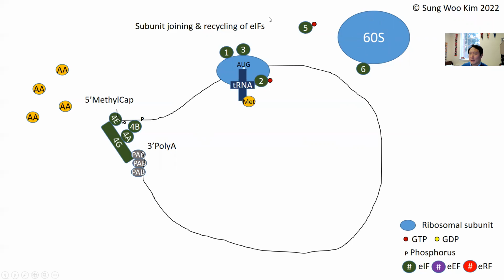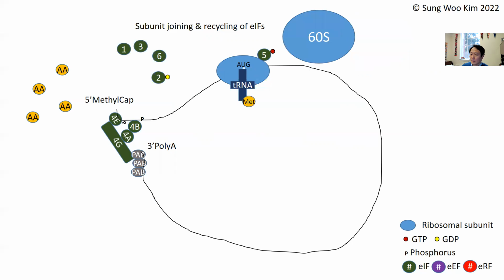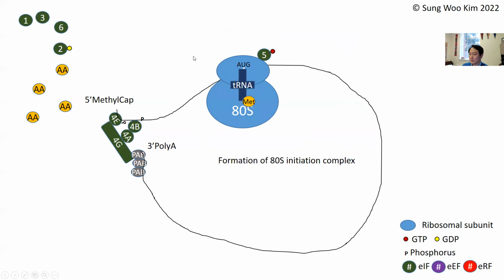And at the same time, the new initiation factor, initiation factor 5 with the GTP, will cause the dissociation of all initiation factors, 1, 3, 6, and 2, allowing 60S to come in and join together. Okay? So that's what's happening, this subunit joining and recycling of initiation factors.